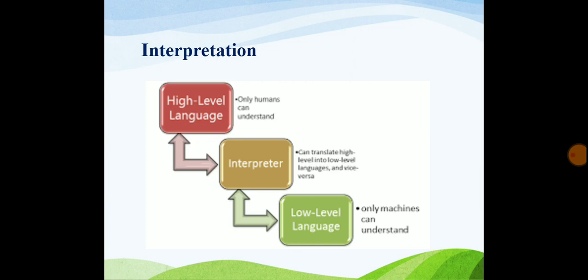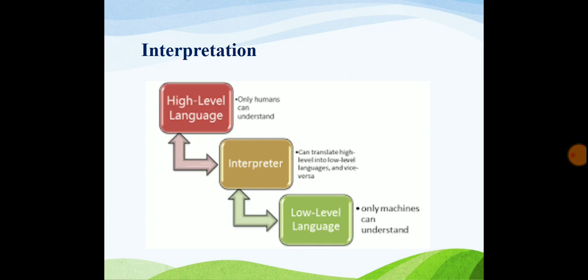This is how the compiler and interpreter work. Now there are many languages in the high level language type, and some follow the compilation method and some follow the interpretation method.